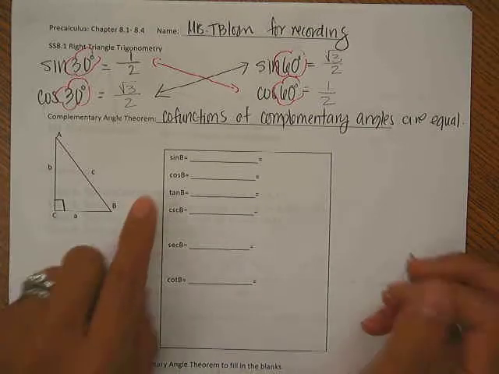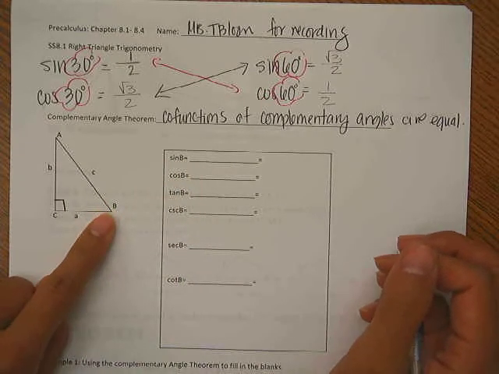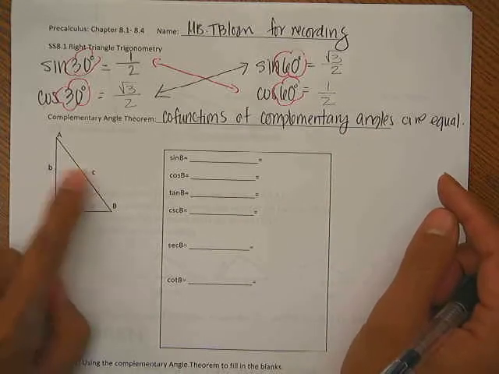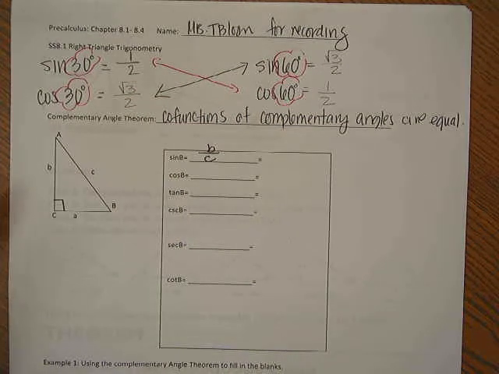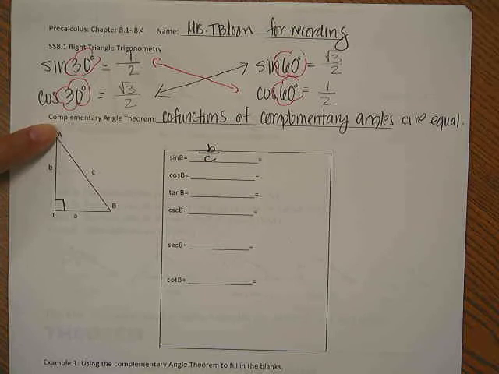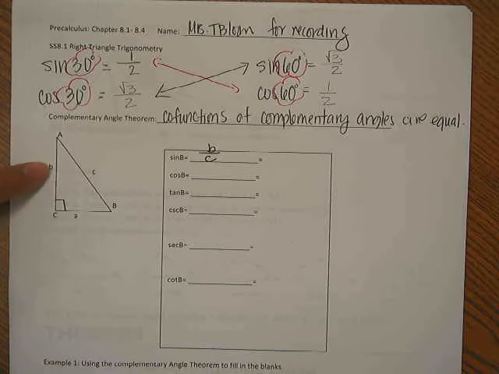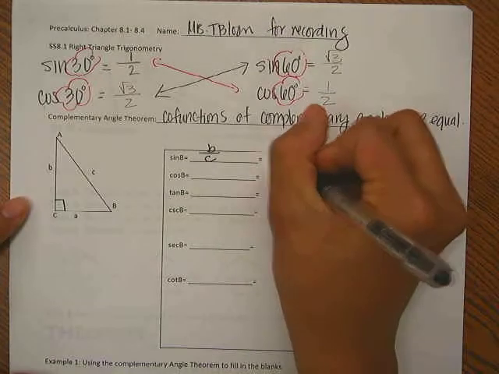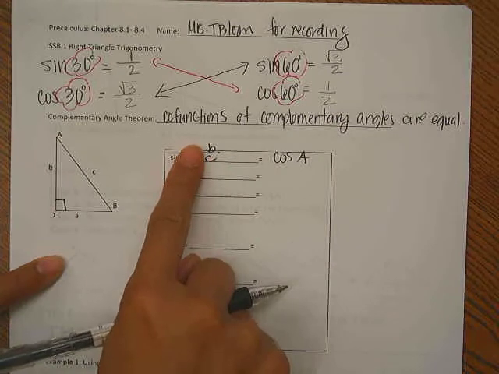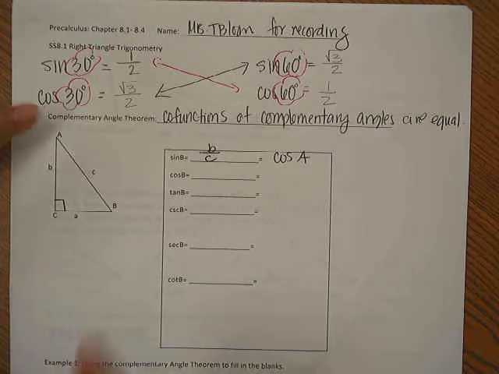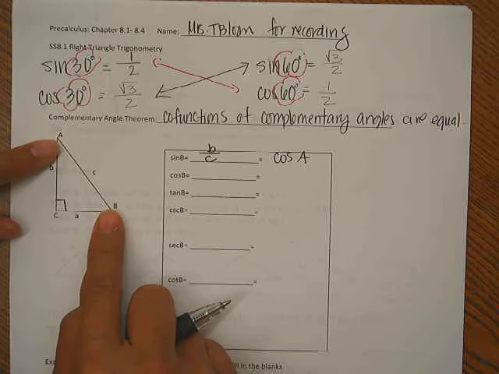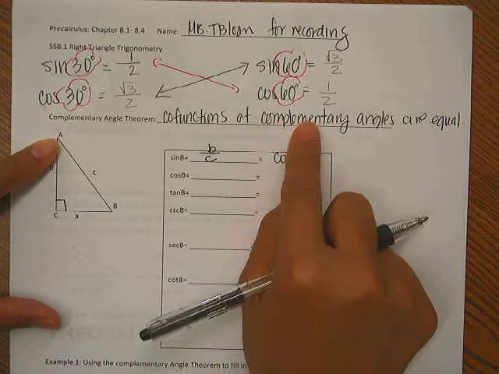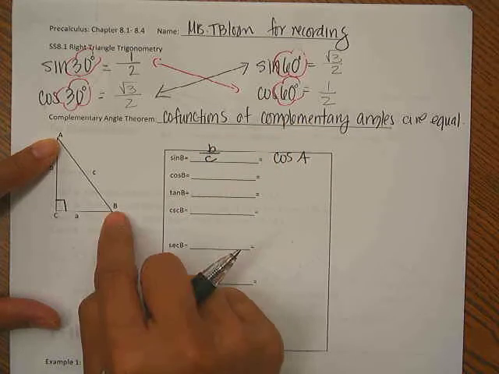Based on the theorem, sine of B, which is this angle right here, is opposite over hypotenuse, so B over C. It should be the same as cosine of A, because cosine of A is adjacent over hypotenuse, which is also B over C. If this is 90, the only two angles left are A and B, so they have to add up to 90 and follow our complementary angle theorem. So sine of B equals cosine of A.